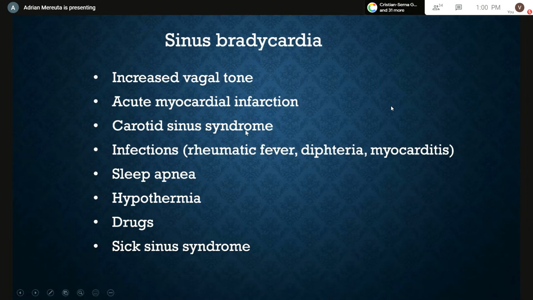Carotid sinus syndrome. Do you know what the carotid sinus is? Who knows? Okay, there is a small body which is actually a sensor, and it's situated at the carotid artery bifurcation into internal and external carotid, and in different circumstances it gives a vagal reaction.